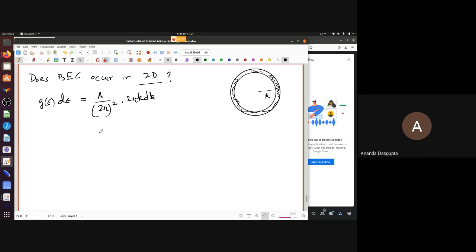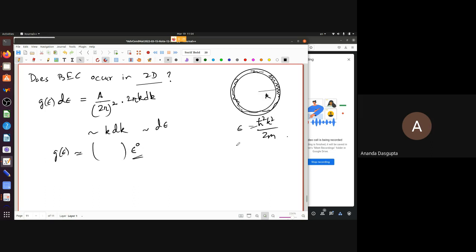Let me not worry too much about the factors; you can put in the factors yourselves. It goes like k dk. But remember, epsilon is h cross square k square by twice m, so this thing really goes like d epsilon. What's the big difference? g(epsilon) is actually some bunch of constants, with no epsilon dependence.